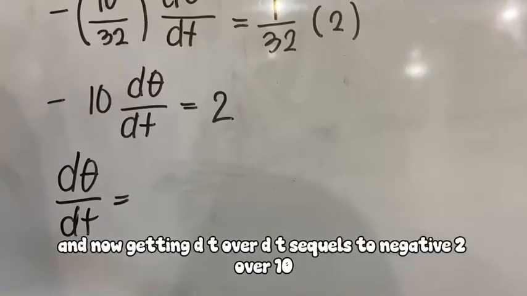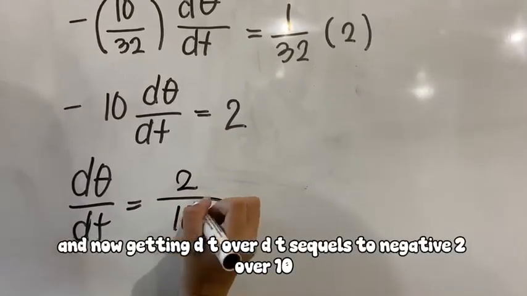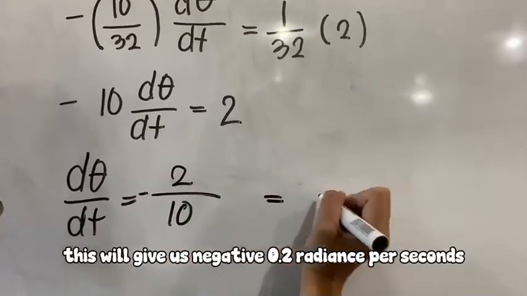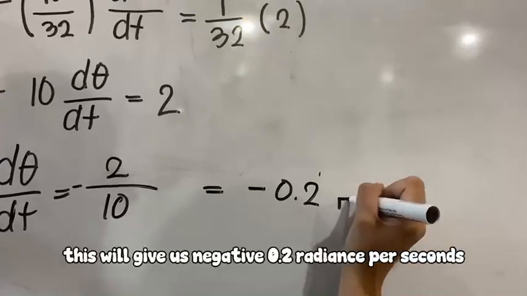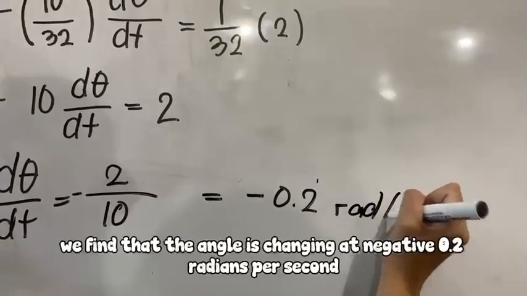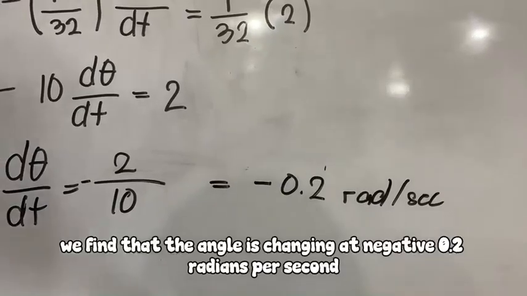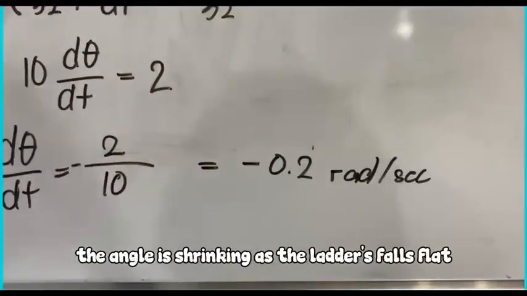And now d theta over dt is equal to negative 2 over 10. This will give us negative 0.2 radians per second. We find that the angle is changing at negative 0.2 radians per second. The angle is shrinking as the ladder falls flat.